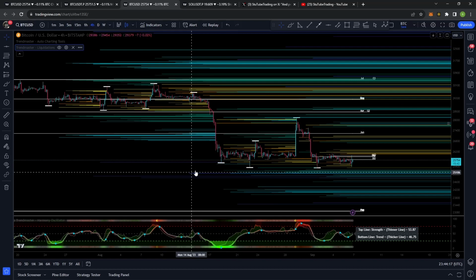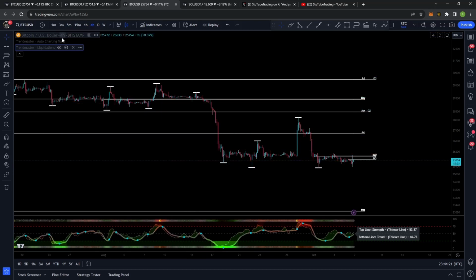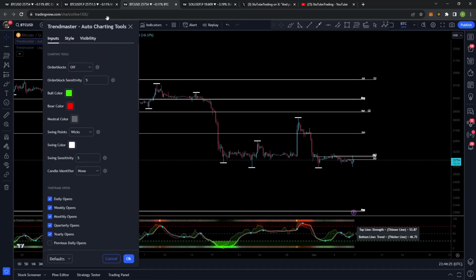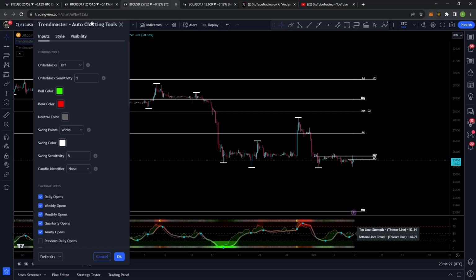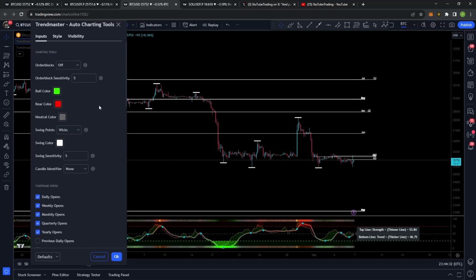Very cool. Very excited to start playing with that a little more. Auto charting tools here. I've seen some very cool features in here. Like I said, I have not played with these much at all yet, but there's a lot of very cool features that I notice you can play with here.